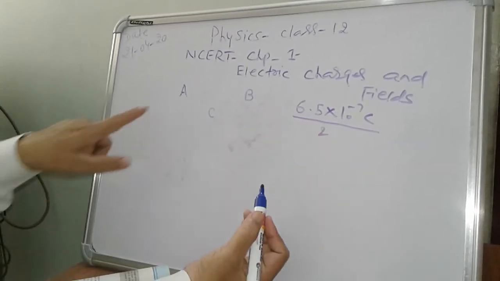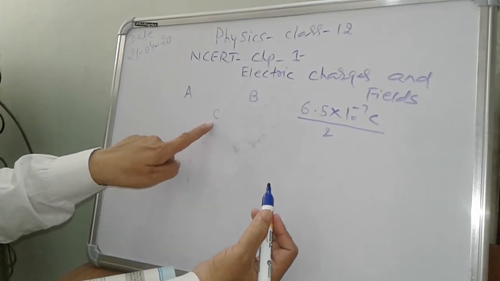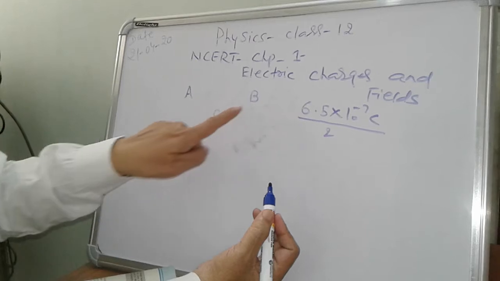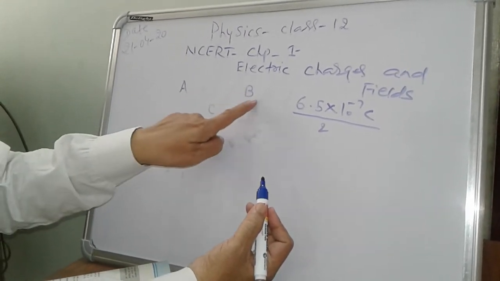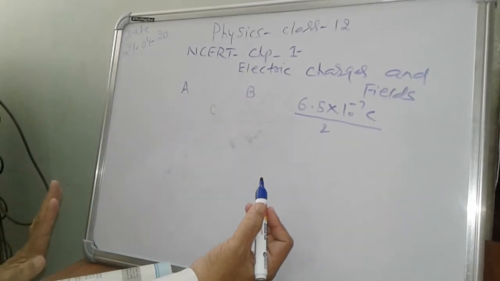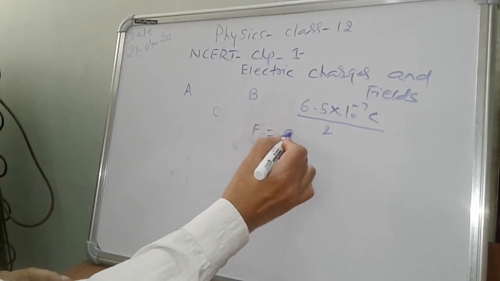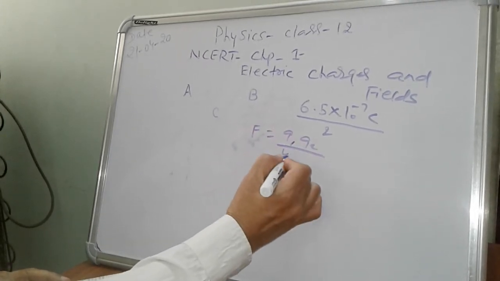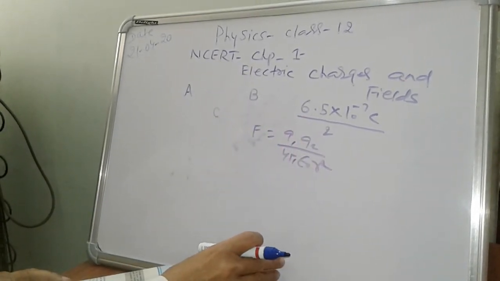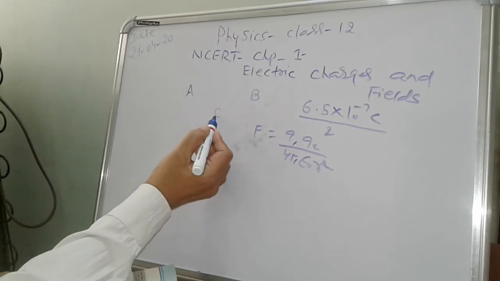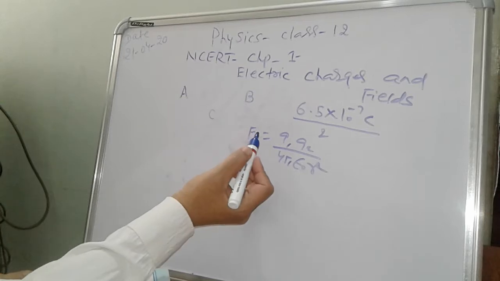It would be the charge on A and also on C. Now this sphere is placed in contact with B, so you have to add the charge of C with the charge of B and then divide it by 2, and then finally you get the formula F is equal to q1 q2 by 4 pi epsilon naught r square. Understand? So the charge on C and B you first have to obtain and then apply the formula F, you would get the result.